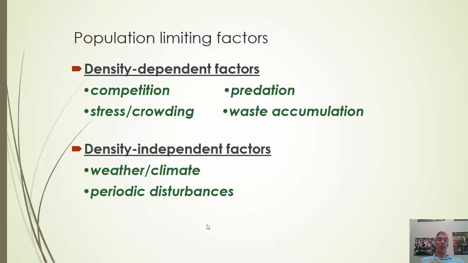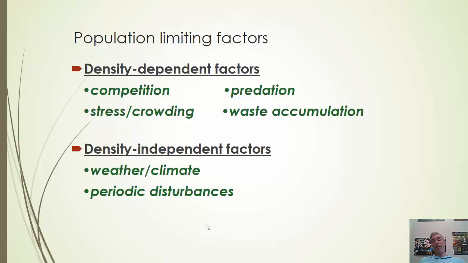It doesn't matter how many individuals there are, you'll still have an equal amount of death. Periodic disturbances like earthquakes, tsunamis, major disasters. It doesn't matter how many individuals are there. If it's hit by a hurricane, it's likely a lot of those individuals will die. And it doesn't matter how dense the population is.